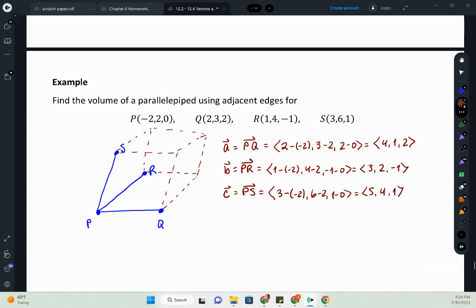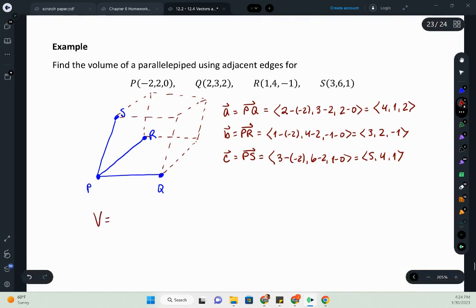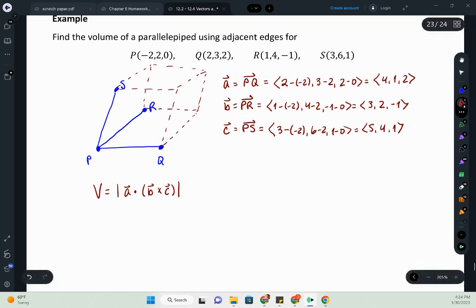So these are our three vectors, and we have to remember that the volume can be the magnitude of A dotted with B cross C. And we can calculate that by just finding a determinant with the three vectors A, B, and C in it. So we calculate that first, A dot B cross C, which is the determinant with A in the top row, 4, 1, 2, B in the second row, 3, 2, negative 1, and C in the third row, 5, 4, 1.